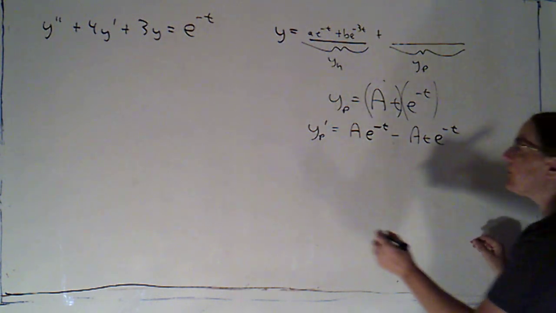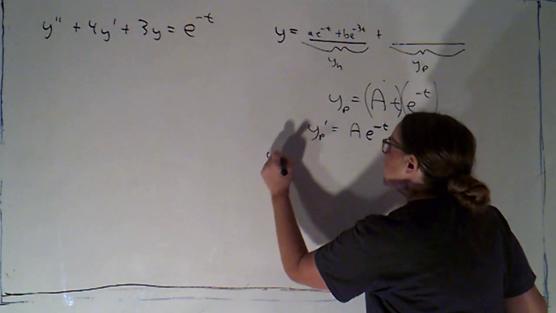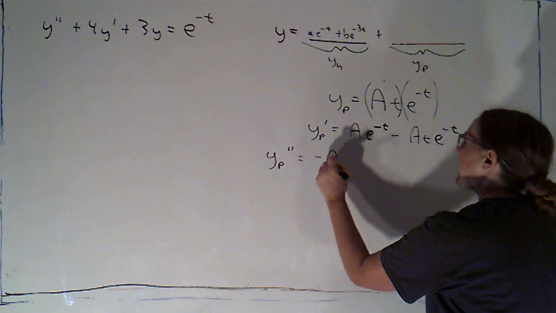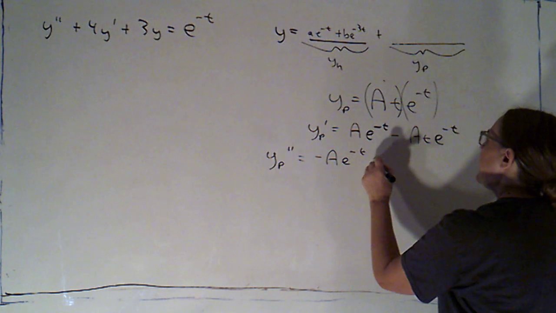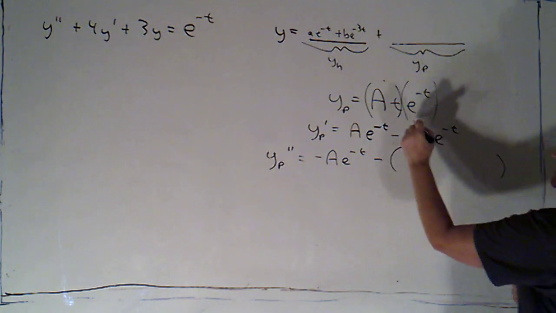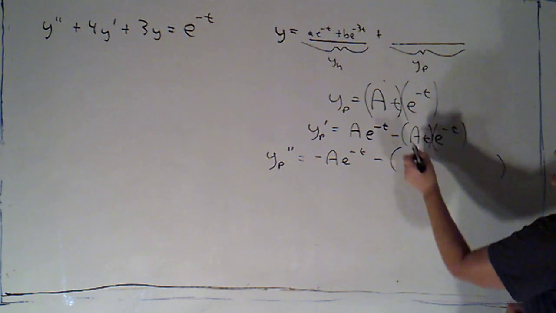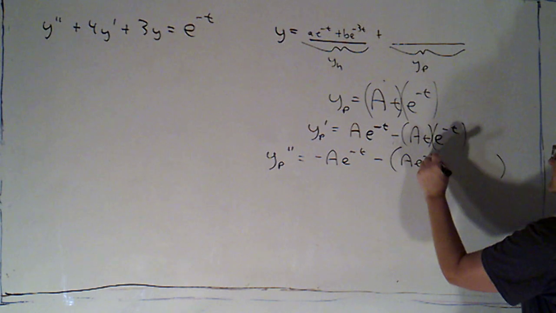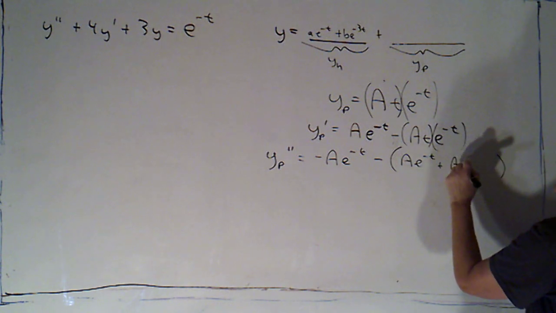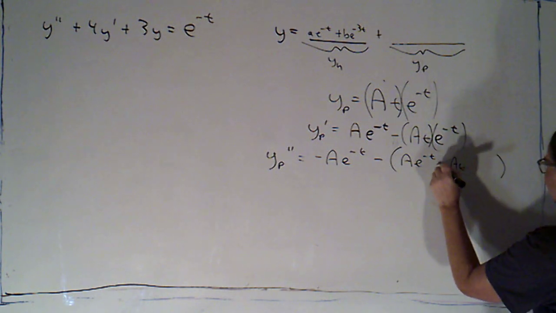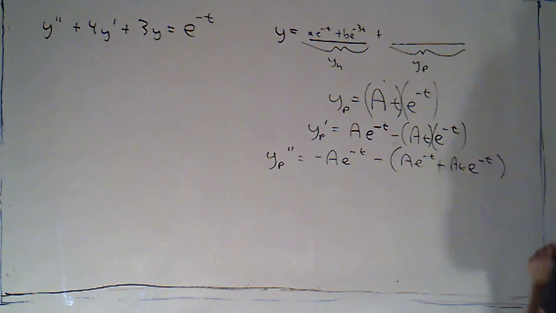All right, so let's take a look at yp double prime. That would be negative a e to the negative t minus, and I'll come back and distribute that negative in a moment. The derivative of at, once again, is just a times e to the negative t plus at times this derivative, which will make that negative e to the negative t.